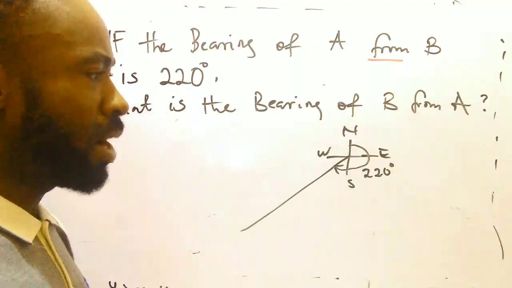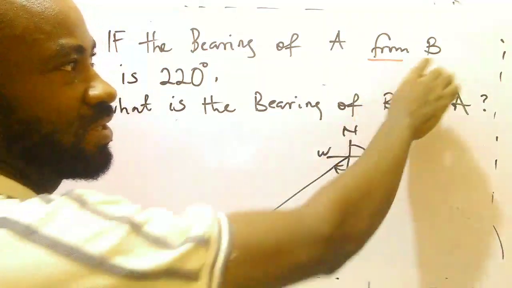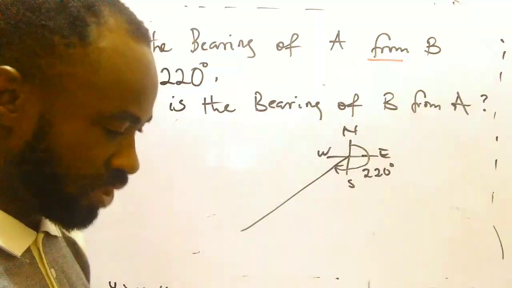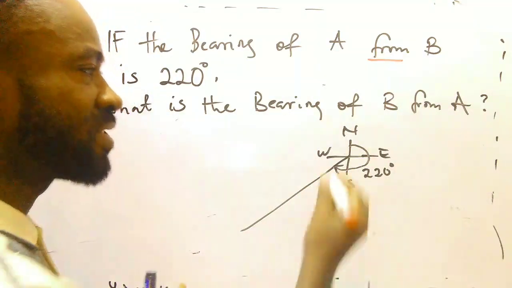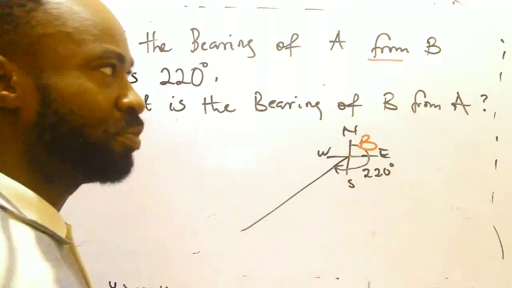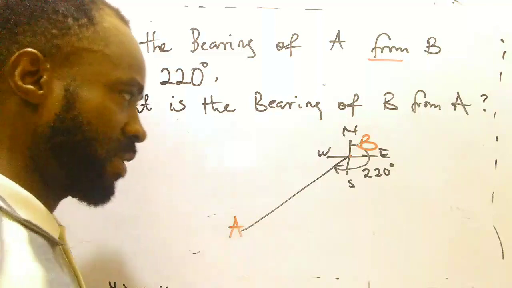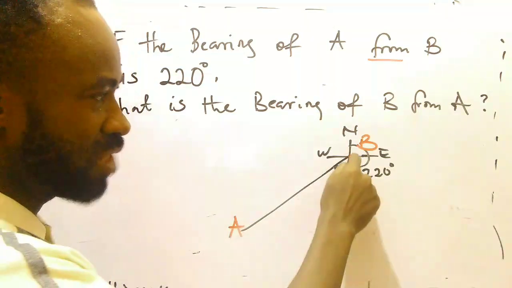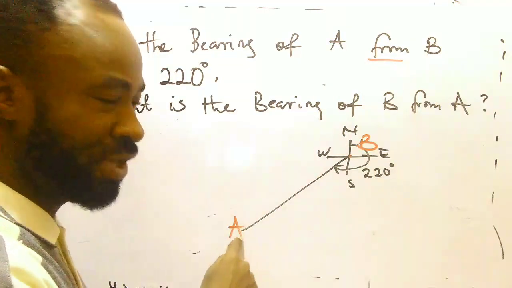Now, remember I said the point that comes after the word from is a reference point, and that reference point is always the point where your angle will be. So here will be your A. Most mistakes that students make is that they will come here, put their A here and B here.